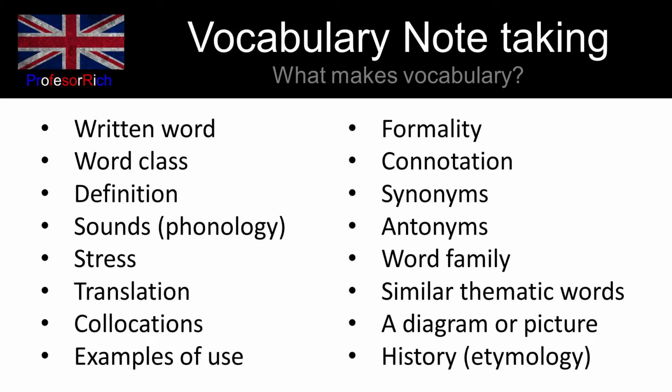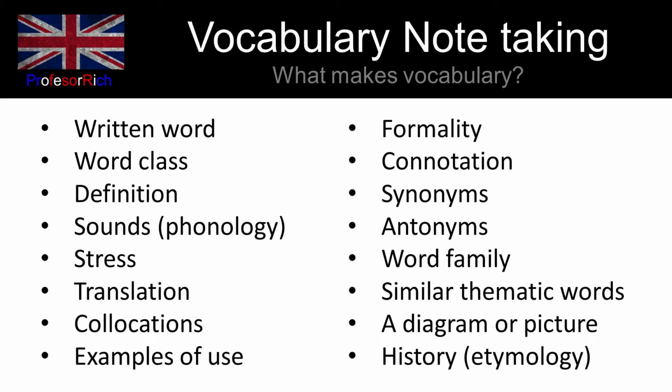And then we've got antonyms, which are words with an opposite meaning, not necessarily as opposite as good and bad, but you could, for example, have something like give and take as antonyms, and that can be quite useful. You have borrow and lend.